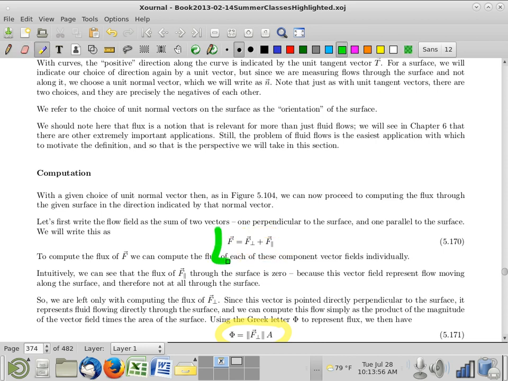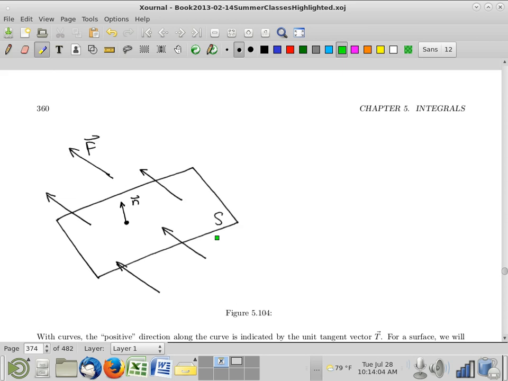First observation I want to make is that the vector field can be thought of as having two different components. It's got a perpendicular component and a parallel component. Looking at this picture here, this vector field vector there, to some extent, is pointing perpendicular to the surface, and then to a different extent, it's pointing parallel to the surface.